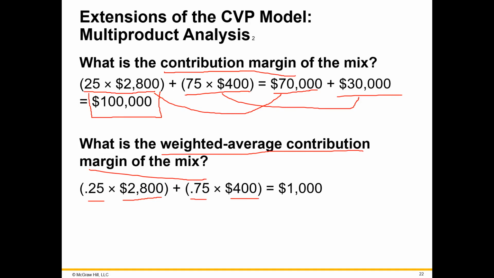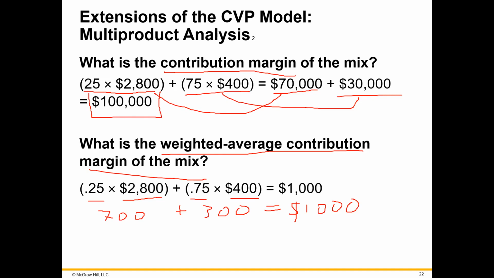So on average, every trip sold, we're going to make $1,000 contribution margin. So when we sell an excursion, we're going to make $2,800. When we sell a rafting trip, we're going to make $400. Average together, we're going to make $1,000 per trip.